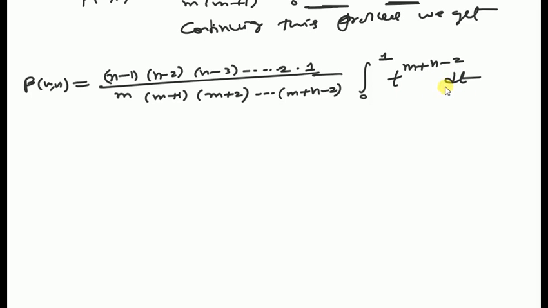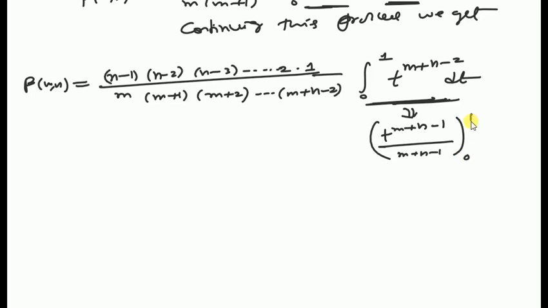Okay guys, so now I will integrate this. Integration is simply x power n plus 1 by n plus 1, and we substitute the upper limit and lower limit. So if I do this, t power m plus n minus 1, divided by m plus n minus 1, with lower limit 0 and upper limit 1.